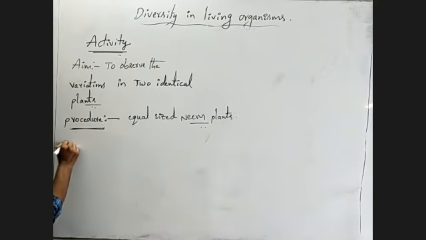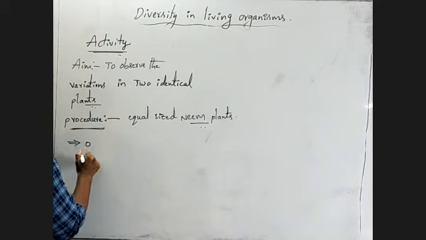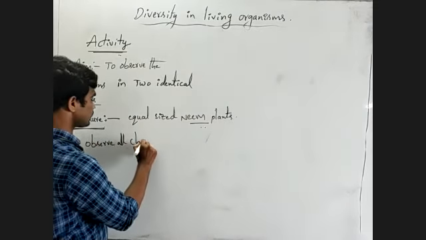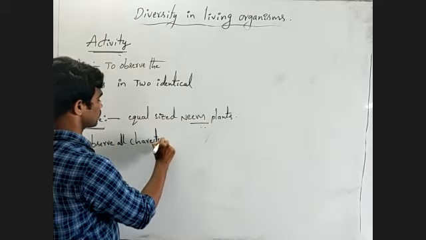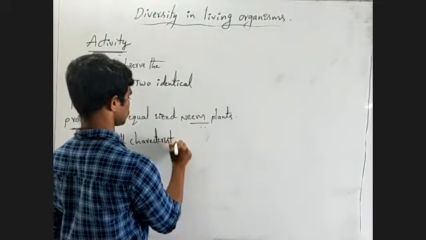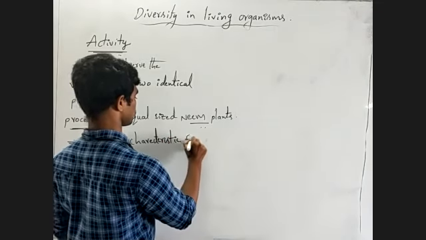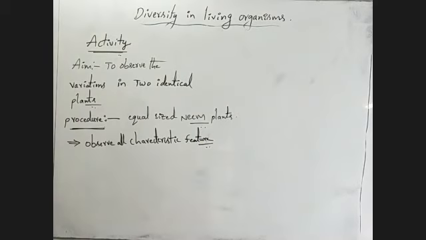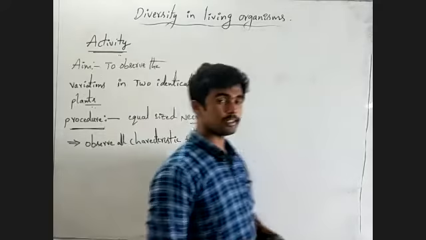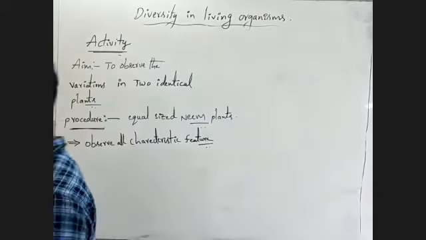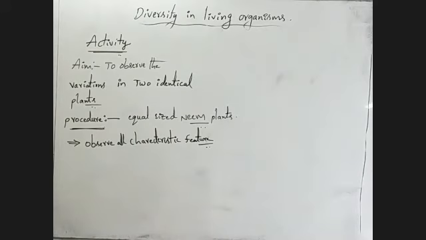Then how to observe all the characteristic features. Then how to fill the table by using different characteristic features of the two plants.